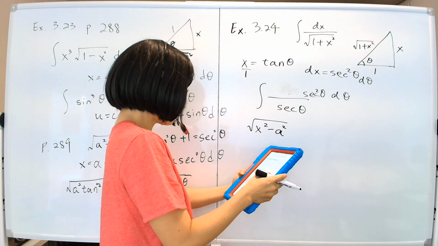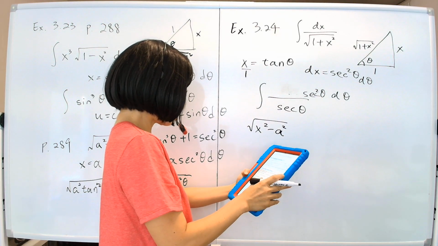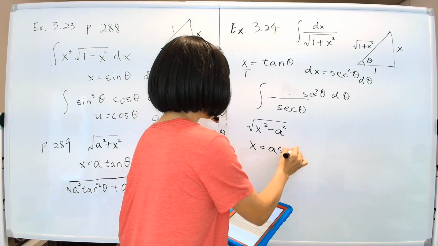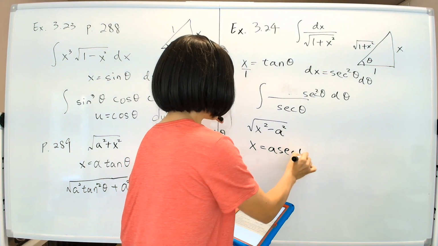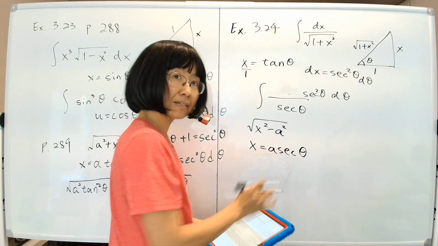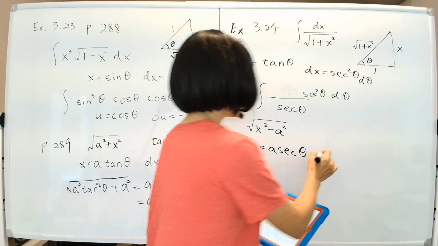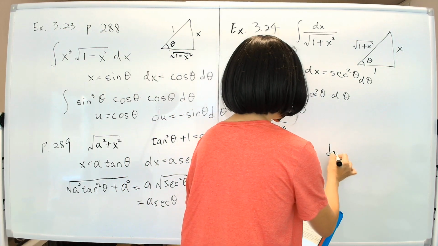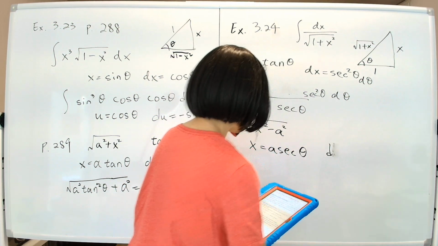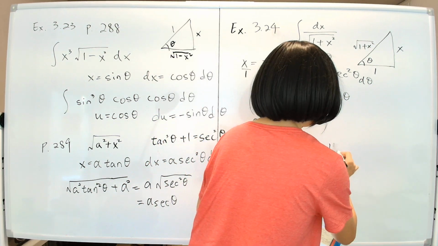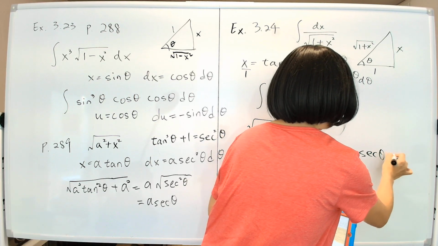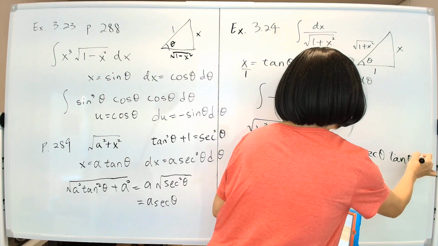So when we consider x squared minus a squared, this time we're going to substitute x equal to a secant theta. The derivative of the secant is secant tangent, so dx equals a secant theta tangent theta d theta.